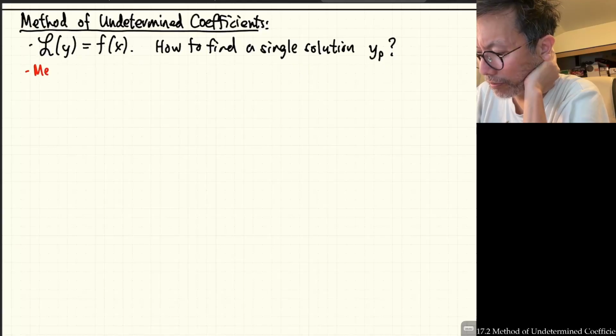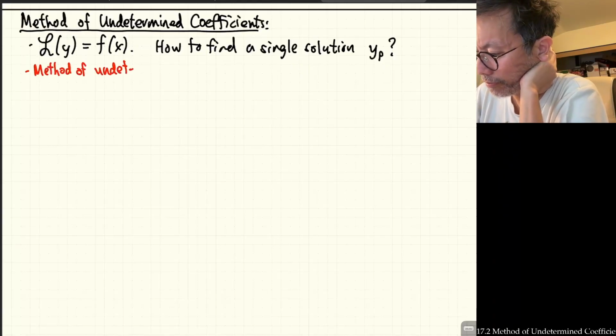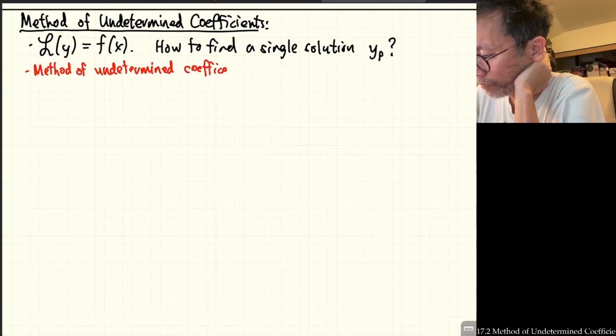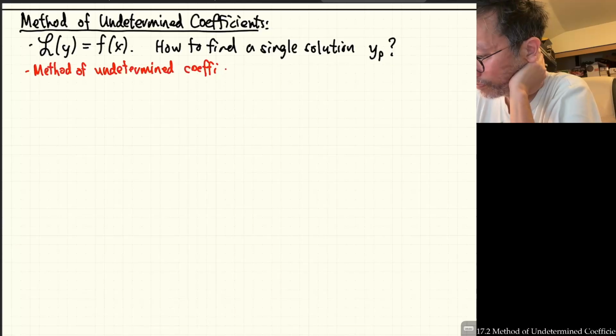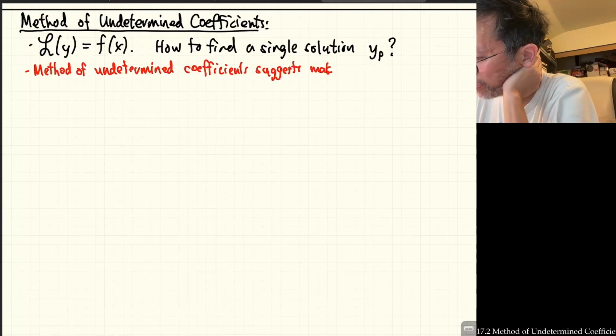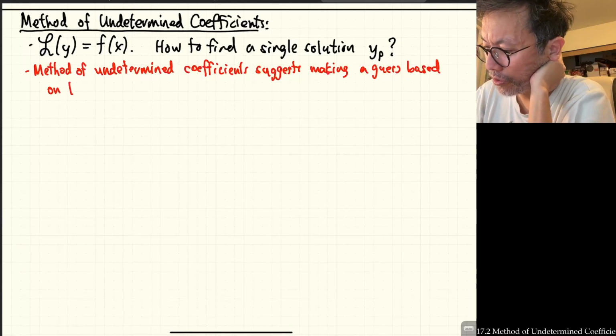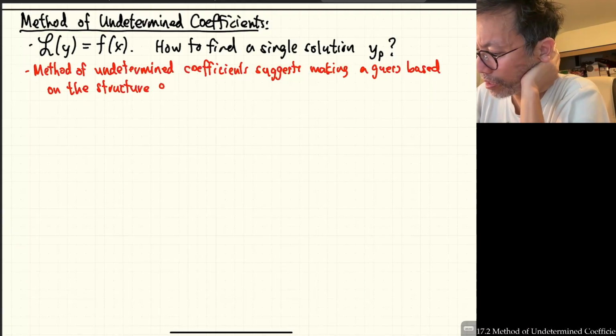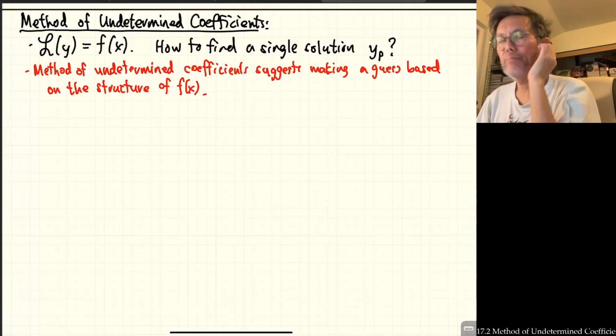So the method of undetermined coefficients suggests making a guess based on the structure of f of x.